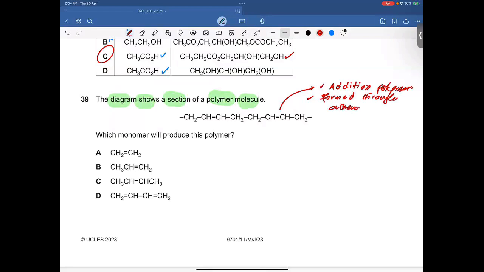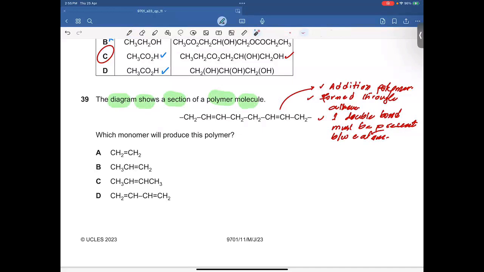And alkenes means one double bond must be present between carbon atoms.